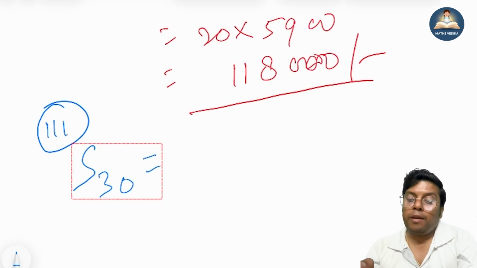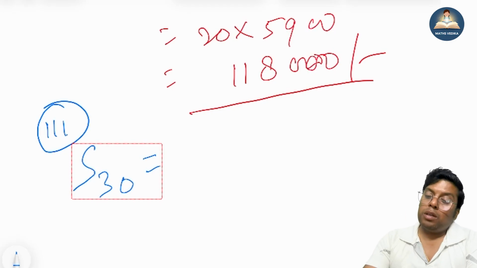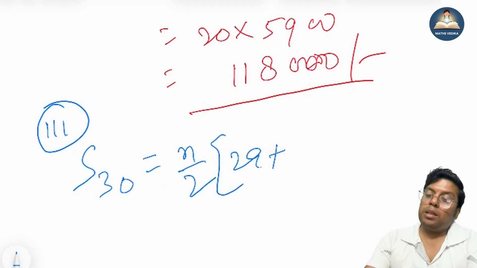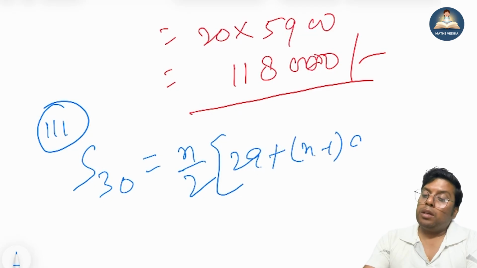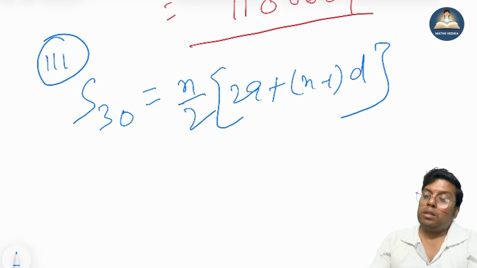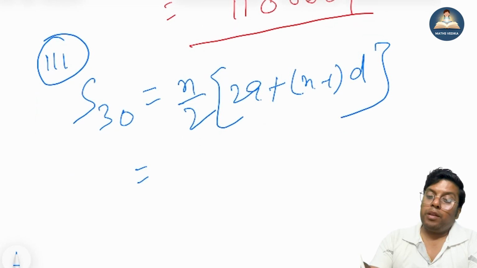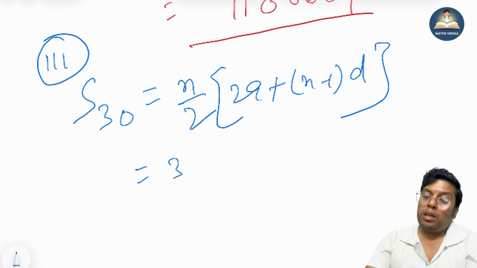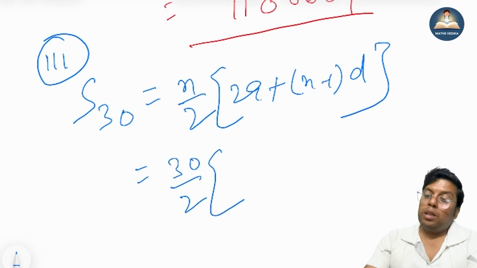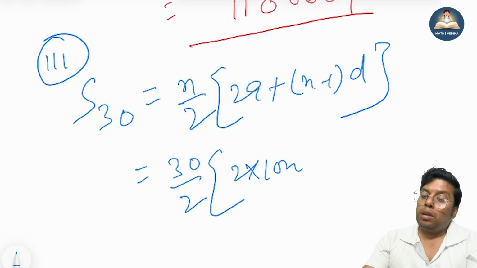We'll find the sum of 30 terms, so it will be n by 2 into 2a plus n minus 1 d. This is the formula of sum of n terms. Here n is equal to 30, so 30 by 2 into 2 a plus n minus 1 d, that is 2,900.